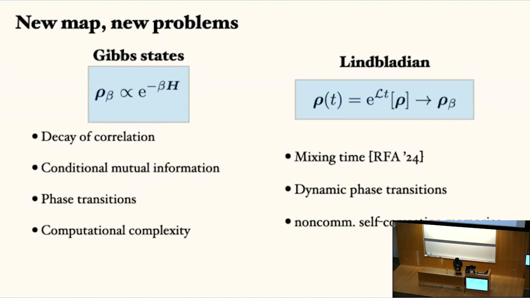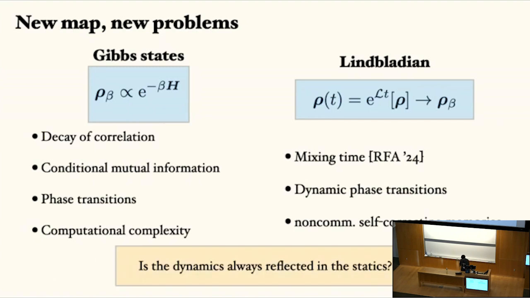Okay. And so an idea that comes hand in hand with dynamical phase transition is self-correcting memories. This is a hot topic for some people. And here, whenever something has a diverging mixing time, very likely it could be a memory, or a spin glass. Yeah.